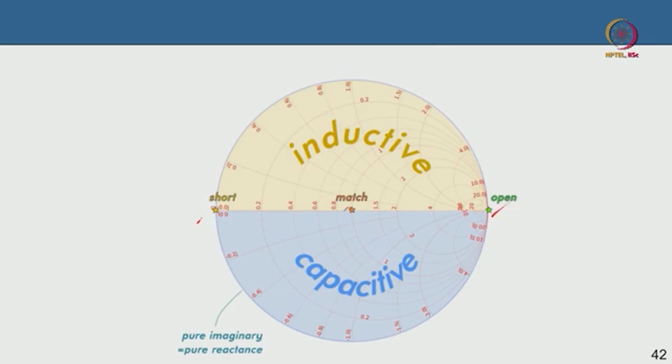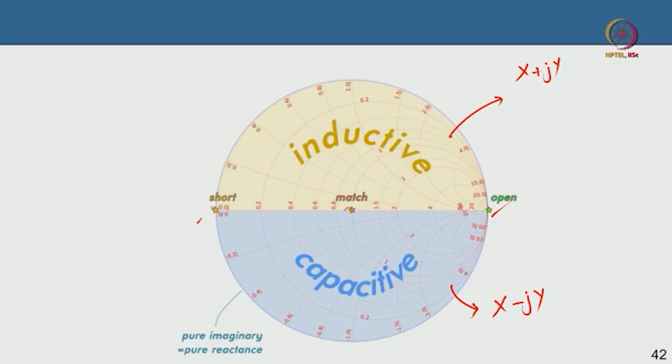The top half of this Smith chart represents inductive loads. It is basically positive, so we are going to talk about x plus j y sort of a thing on the top. The bottom half represents capacitive load. We are going to talk about x minus j y sort of a form here. Okay, so the top half is inductive, the bottom half is capacitive, purely imaginary.